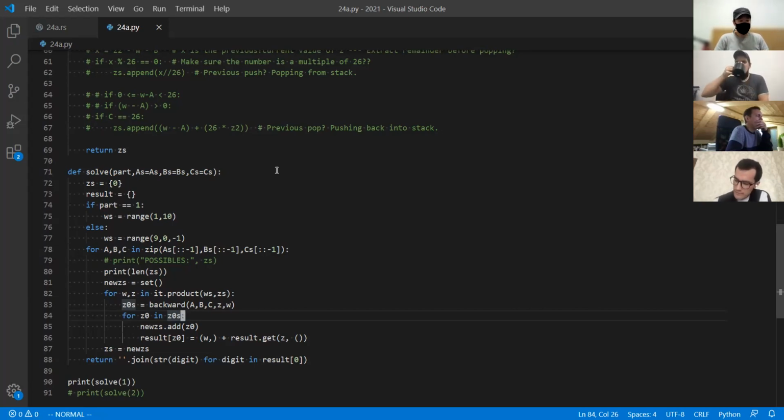But if we find that we arrived at the type 2 set of instructions, in our entire 14 set of instructions, 7 of them are incrementing our z, so they are just multiplying it by 26. Yeah. And 7 of them need to divide it by 26 in order for us to get 0. Right.